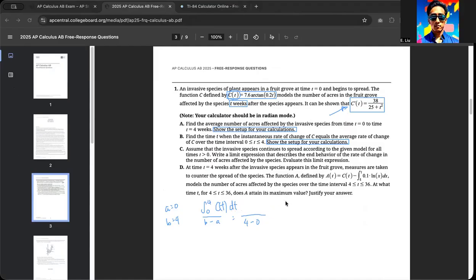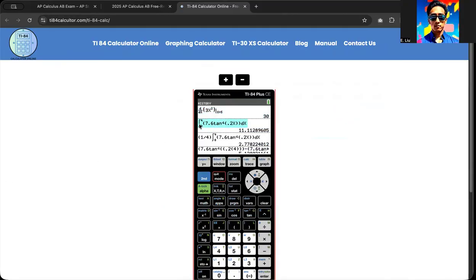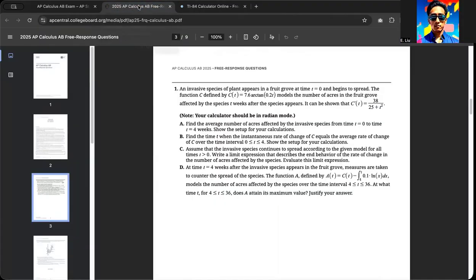Here, very quickly, we're going to find our integral. One thing that you could do for this, I plugged it in here. We can use our calculator for this. We have our function right here.